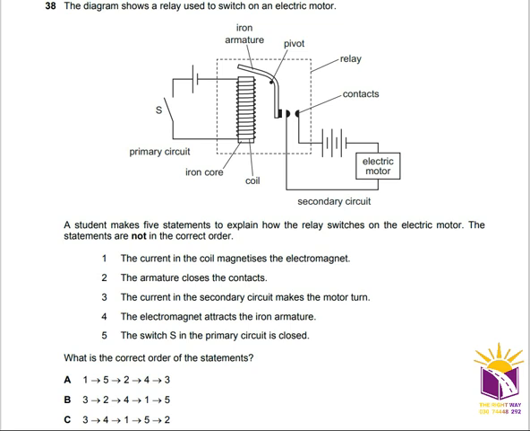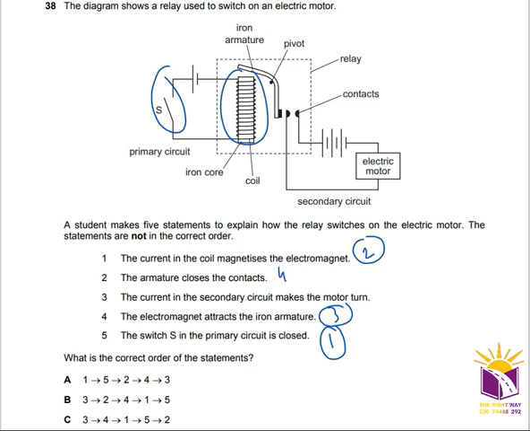So we know that first of all we are going to close the switch S. So the fifth one is the first one. Then it is going to magnetize this coil. So the current in the coil magnetizes the electromagnet. So this one is the second one. Then the iron armature is attracted toward the electromagnet. So the fourth one is the third one. Then the armature closes the contact.